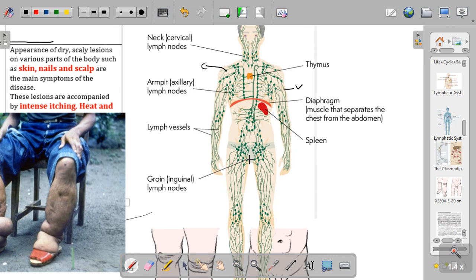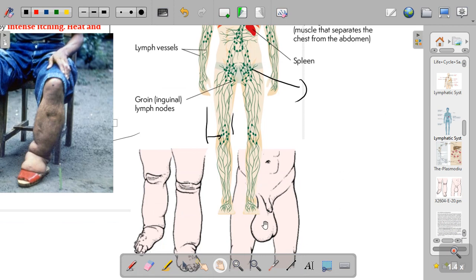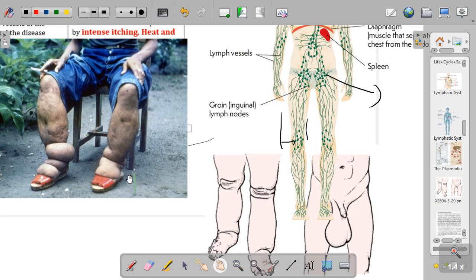If it infects these nodes, that part starts swelling. You can imagine the scrotal sac starting to swell or having chronic inflammation. Inflammation means swelling. That's why the characteristic feature of this disease is huge legs, like legs that look like an elephant's. Let me show you the filarial life cycle.